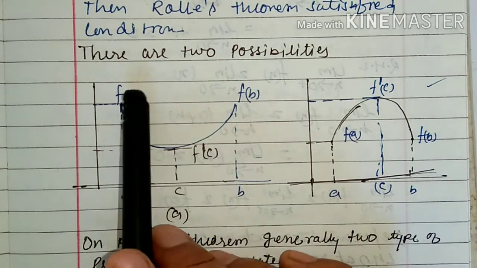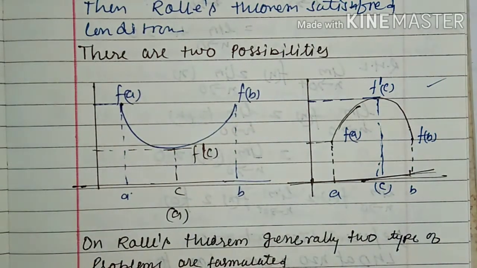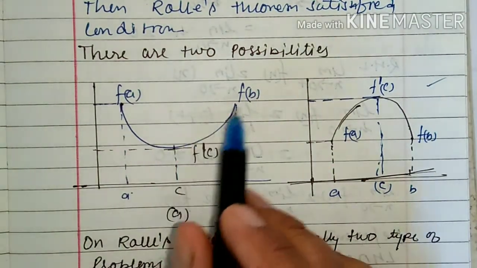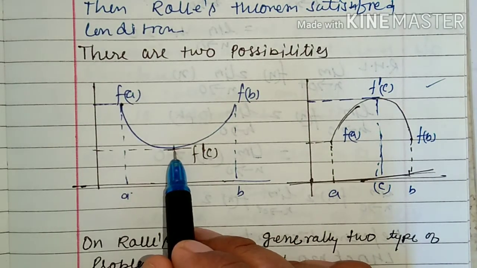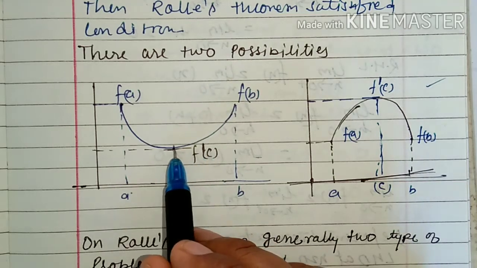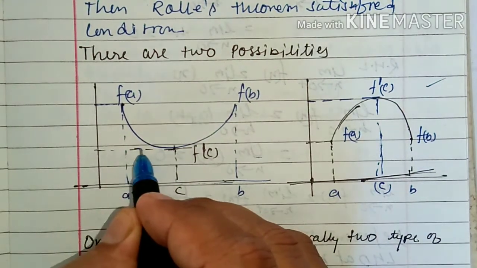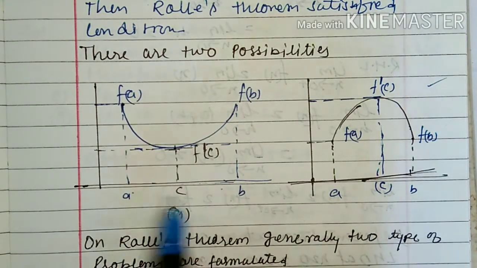At point a the value of the function is f(a), and at point b the value of the function is f(b). Then c is a point lying somewhere on this curve between them. If you draw a tangent at that point, it must be parallel to the x-axis. Clear?